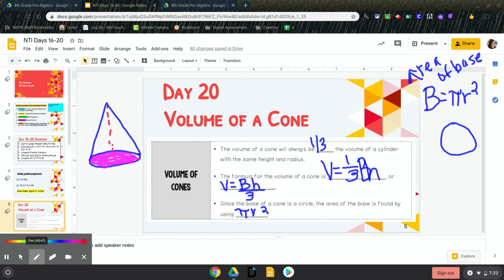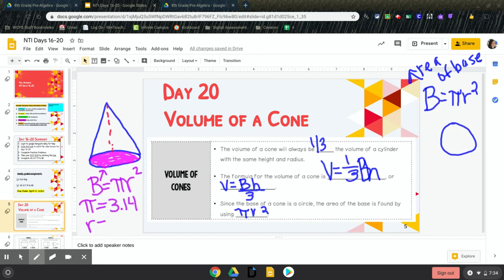When you're finding the area of the base, that means the area of that circle. So that's when you would take pi times the radius squared, where pi is 3.14 and the radius is half the diameter. So it's half the distance across the circle. Okay? And you're going to square that number.